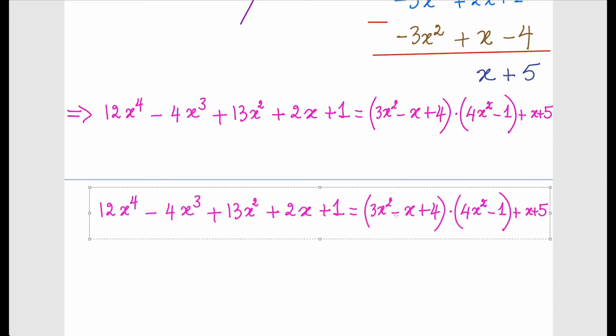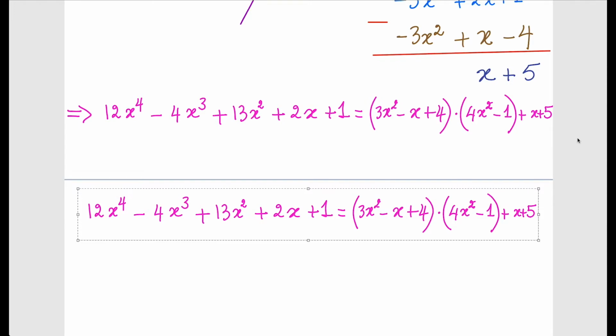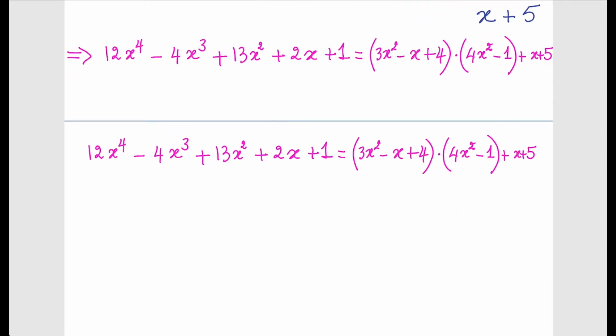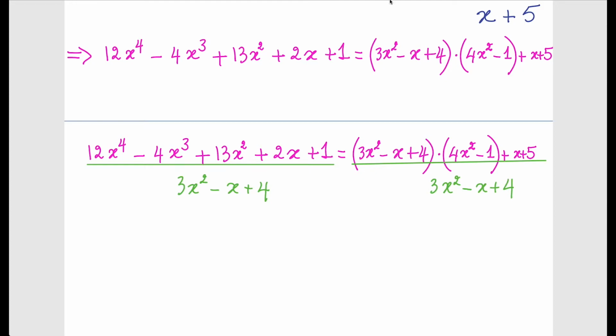Okay. And as I said, I want to divide both sides by this divisor. So divide this side by 3x squared minus x plus 4, and divide this side as well by 3x squared minus x plus 4. Okay? Alright, let's move this equality to this level.